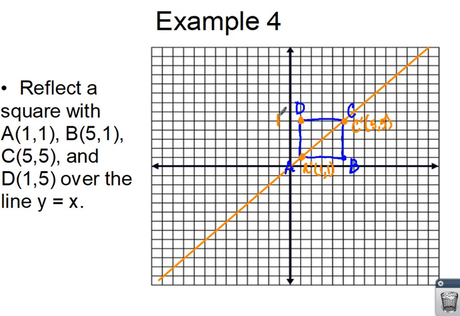It takes D's spot. So B prime is now 1, 5. And then D does the same thing. It goes over here. So D prime is at 5, 1. So this square just kind of spun on its diagonal. And that can happen. But you see why we label the points, because otherwise we wouldn't have known what it looks like.